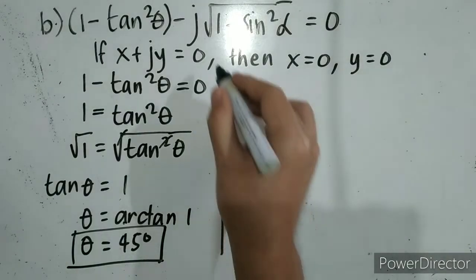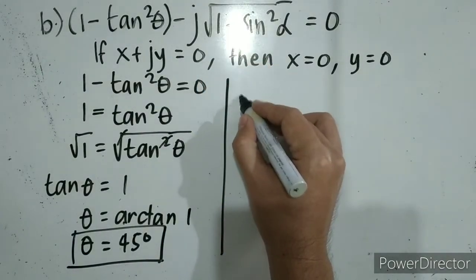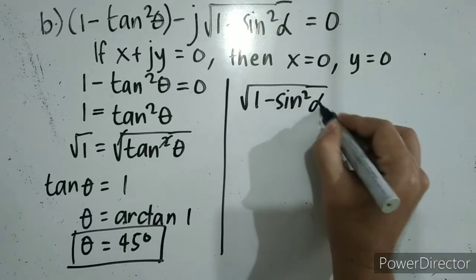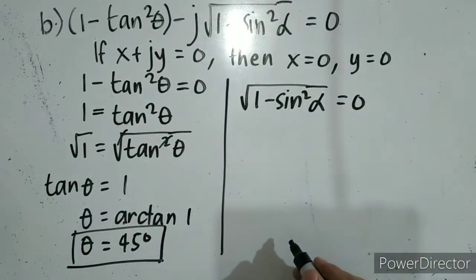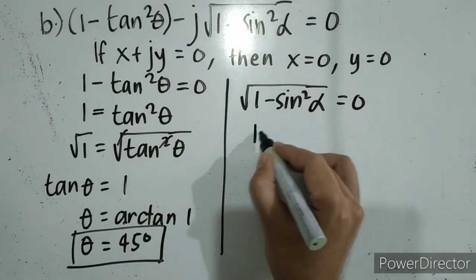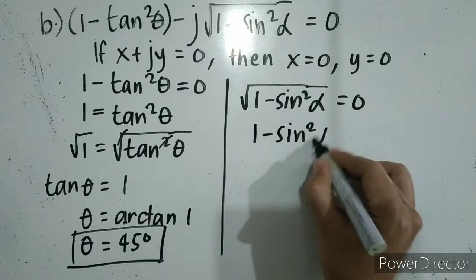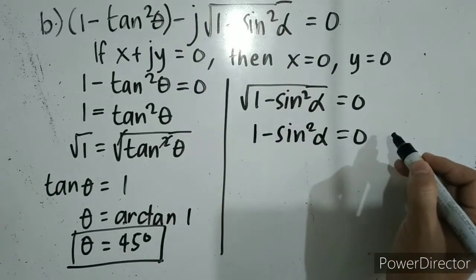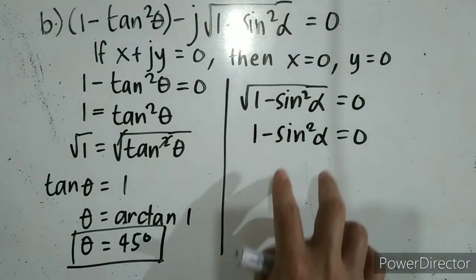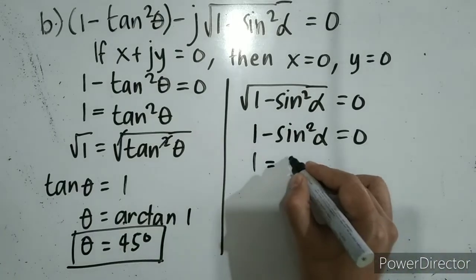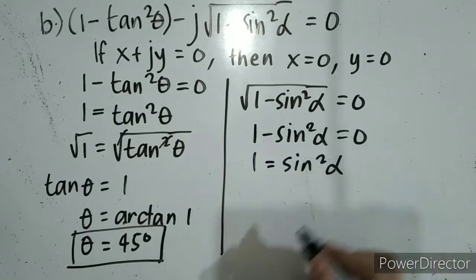And for the imaginary part, we have the square root of 1 minus sine squared alpha equals 0. Squaring both sides, we have 1 minus sine squared alpha equals 0, since 0 squared is still 0. Then transpose sine squared alpha to the other side. We have 1 equals sine squared alpha.